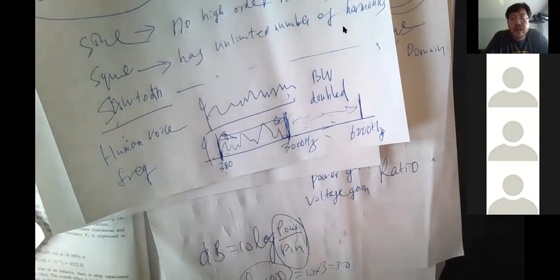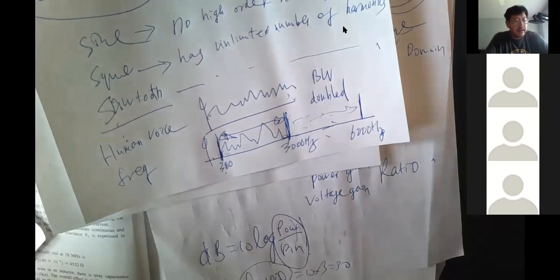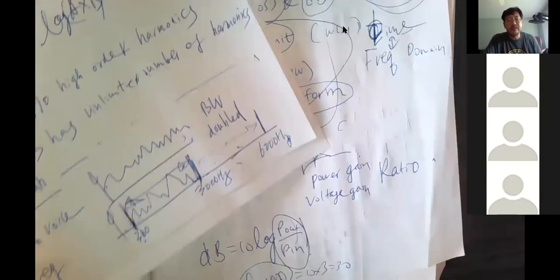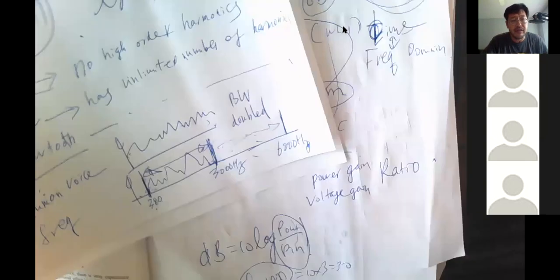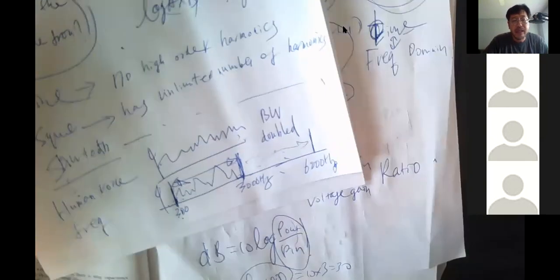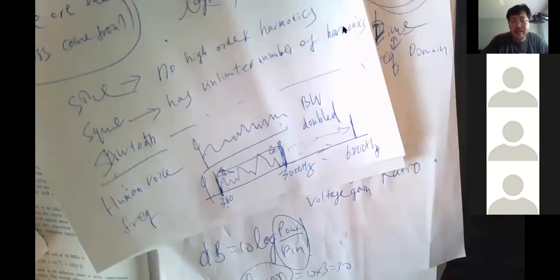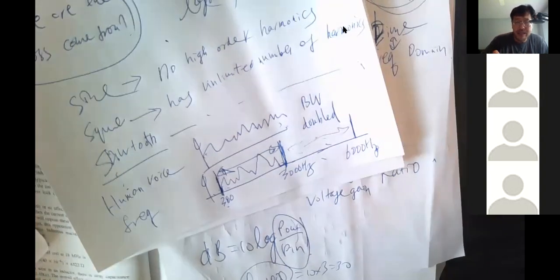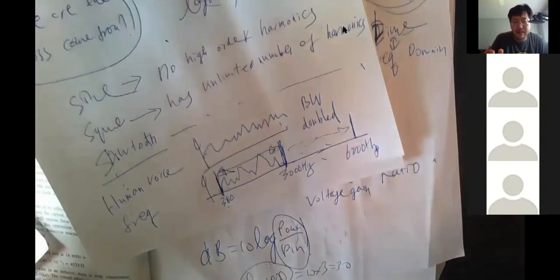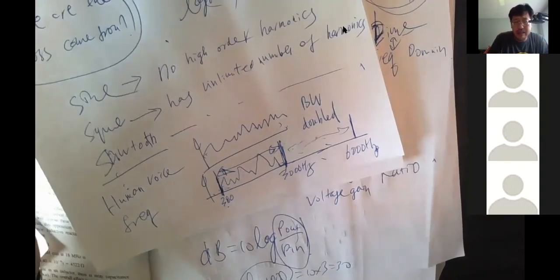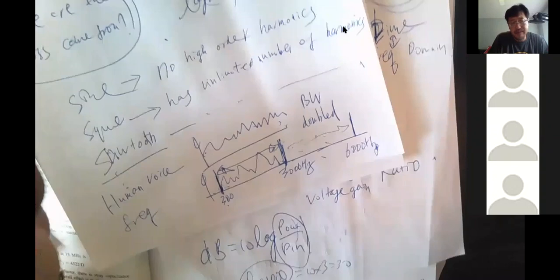So that is why we are interested in analyzing our signals in frequency domain, because that all ends up with a payload. The bandwidth of the signal you want to communicate is the actual payload.